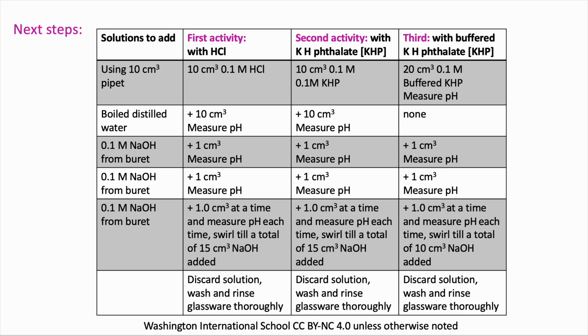Repeat that, adding another centimetre cubed of sodium hydroxide and measure its pH. And then keep doing that, each time measuring the pH and swirling until you've added 15 centimetre cubed. So record the amount of sodium hydroxide added and the pH each time. And you've got a second activity and a third activity with the buffered solution.